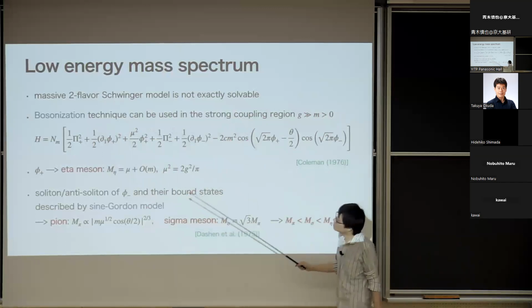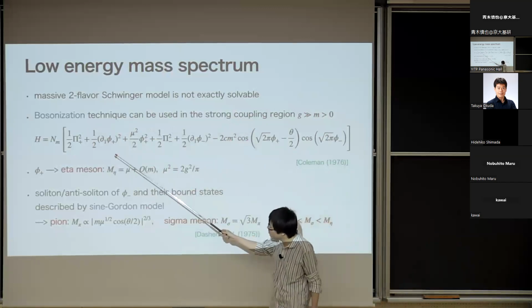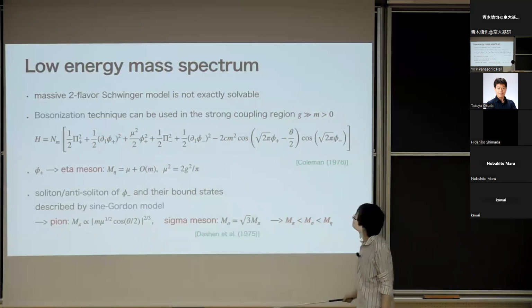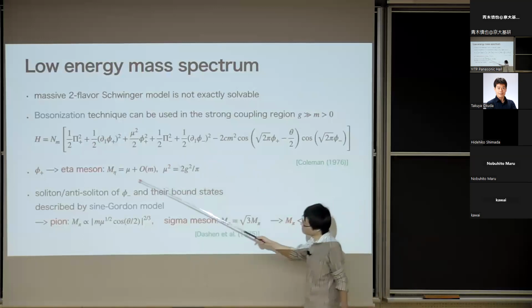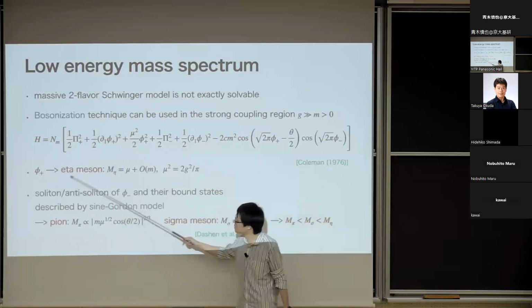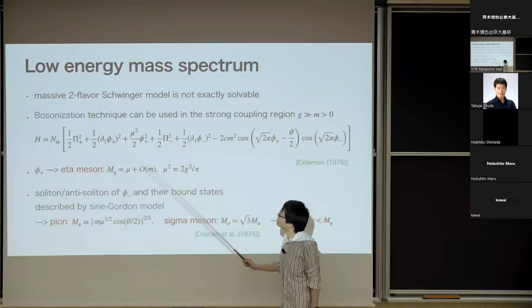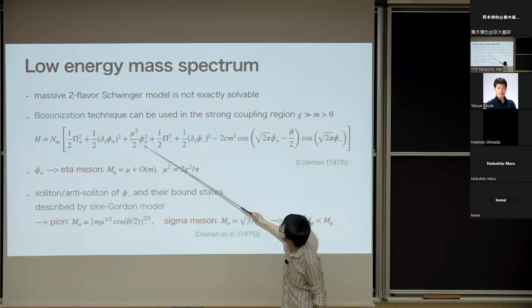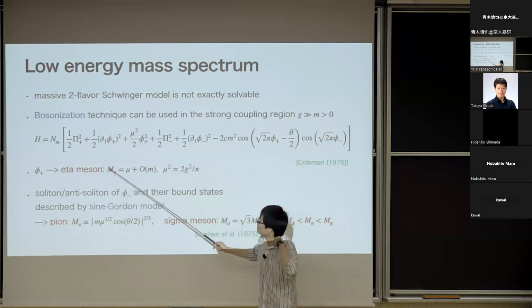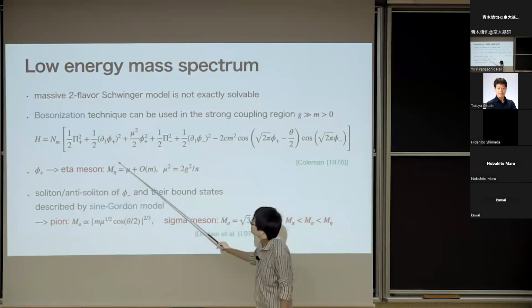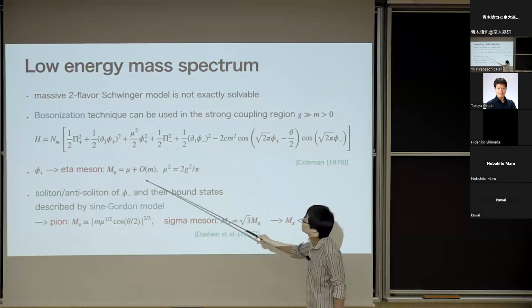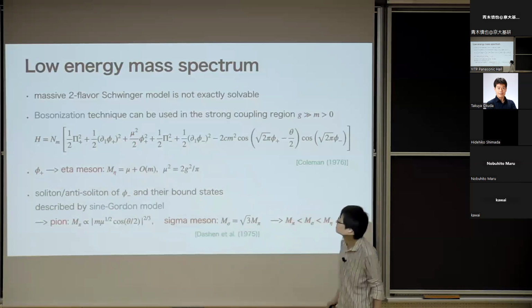There are two pseudo scalars, phi plus and phi minus. One of the scalars, phi plus, corresponds to the eta meson, and you can see that this term is the mass term of phi plus. So you can estimate that the mass of the eta meson is of order mu plus some correction of order m. And mu is given by this relation.